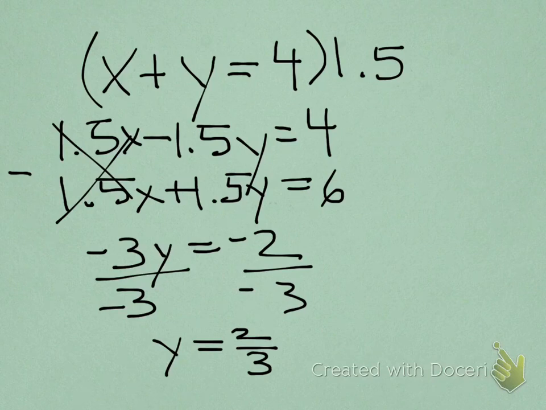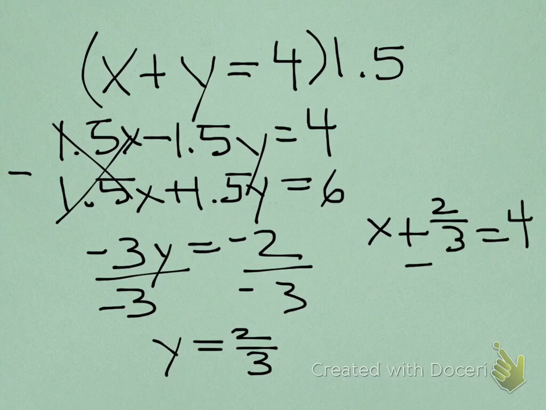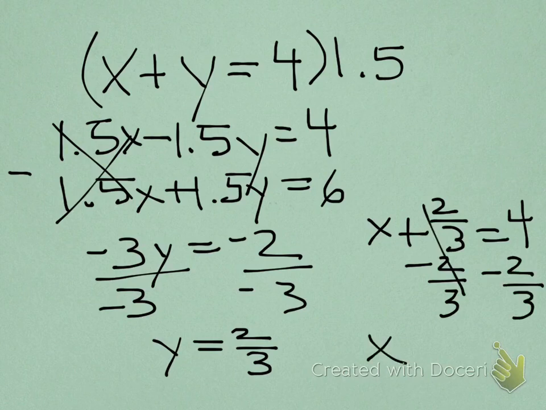So let's try the first one in parentheses. So we get x plus 2/3 equals 4. So x would be 3 1/3.